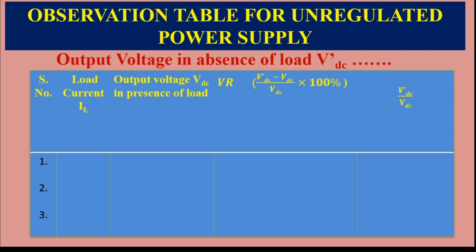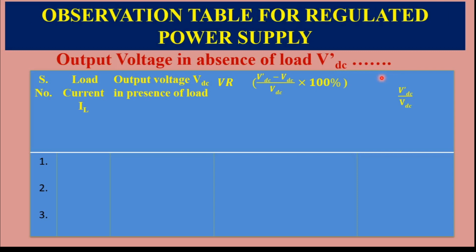In this table, first we record the output voltage in the absence of load, that is V'_DC. Now the load current I_L is noted on each observation and the output voltage in the presence of load is also recorded. Now by using the formula of voltage regulation we can calculate voltage regulation for unregulated power supply.